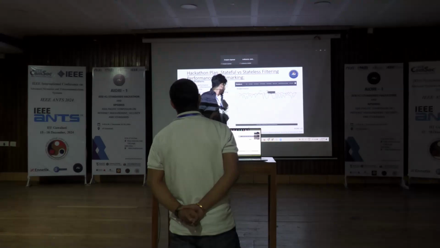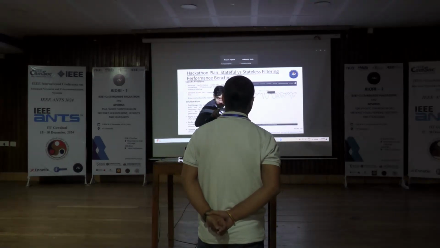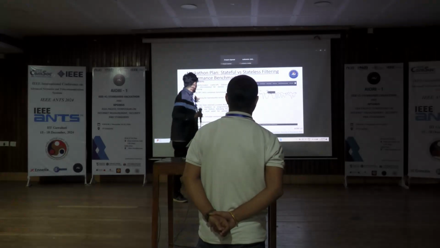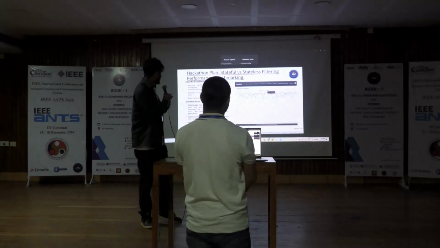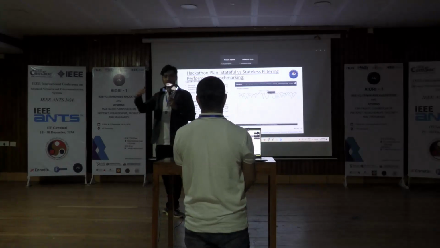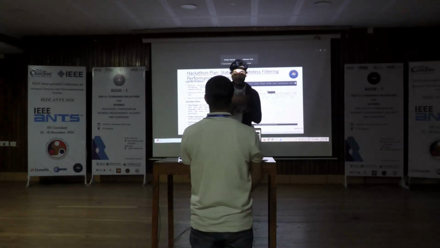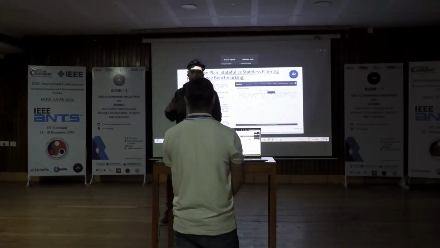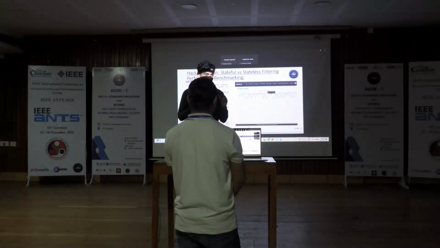The first one, red, is stateless and green is stateful. You can see over here, stateless has a higher throughput than stateful. Recent firewalls are all adapting stateful from stateless. So it's very important now to highlight how we can minimize this throughput difference.